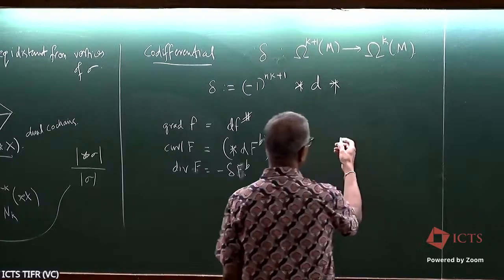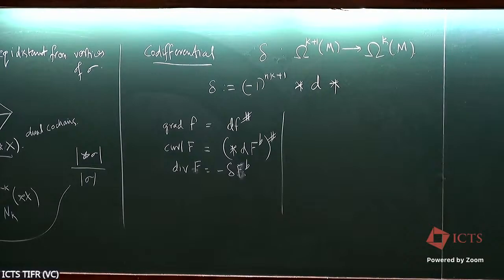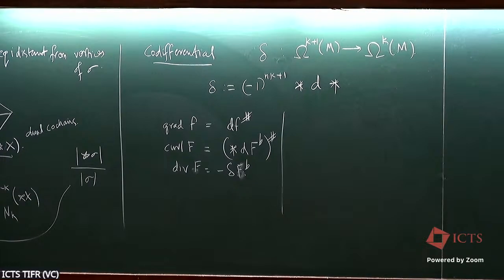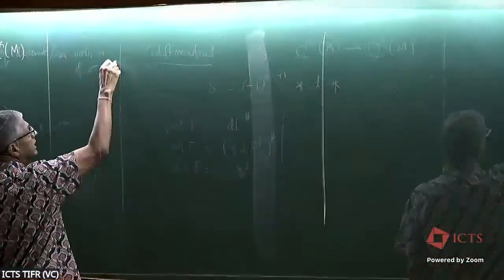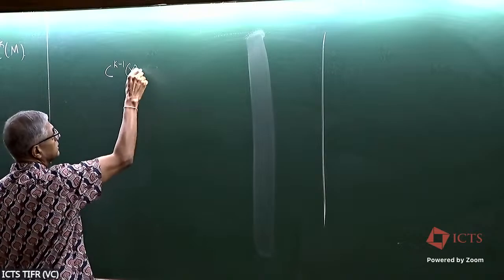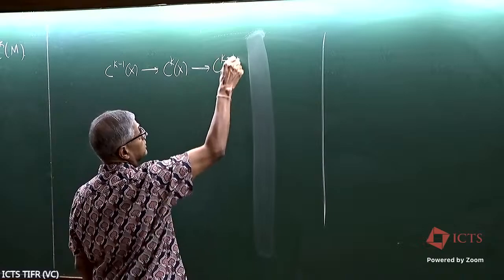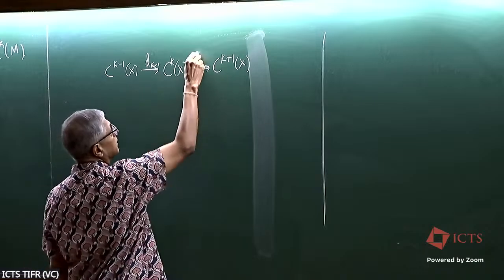So the way you do the discrete codifferential is actually quite simple. You write down your primal cochain complex, let's say C^{k-1}(X), C^k(X), C^{k+1}(X), and there are your d operators, d_{k-1}, d_k.